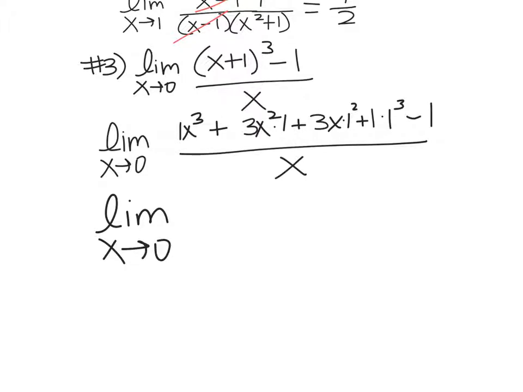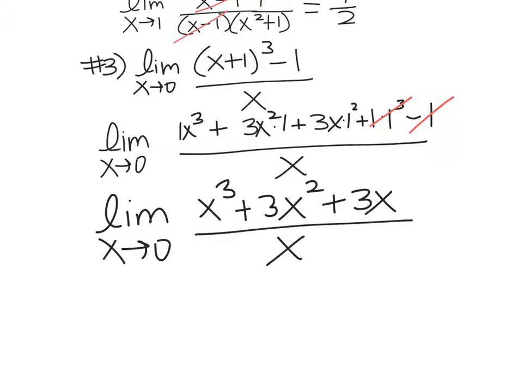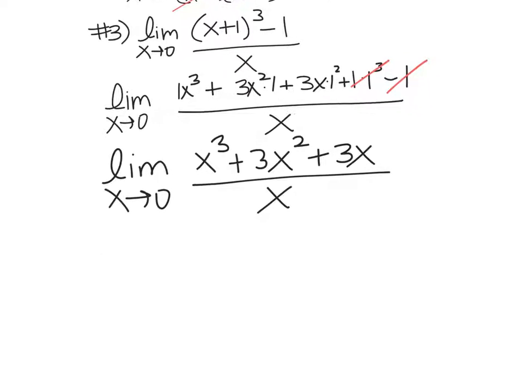X goes to 0, so let's clean all this up. We've got x cubed plus 3x squared plus 3x, and do you see how this is 1? Minus 1, those will cancel each other out. 1 minus 1 is 0. And this is all over x. Now, I fixed it a little bit, but still, when I plug 0 in, you can see I will get 0 over 0.